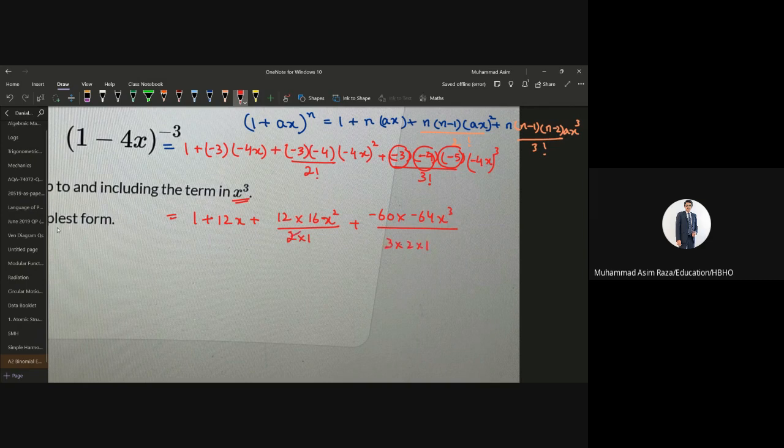Very simple. We can do it like this. So 1 plus 12x. Now we have 12 times 8 is equal to 96, so 96x squared, plus, because negative 60, sorry, it will become negative 30.